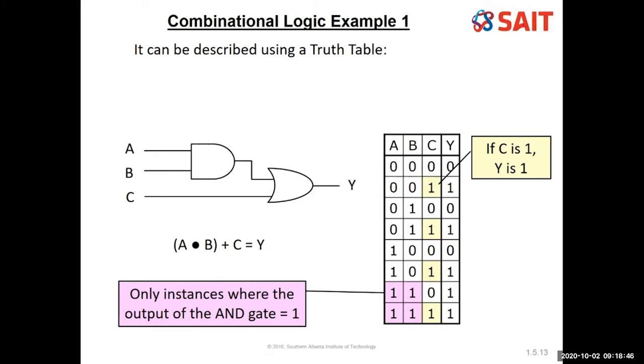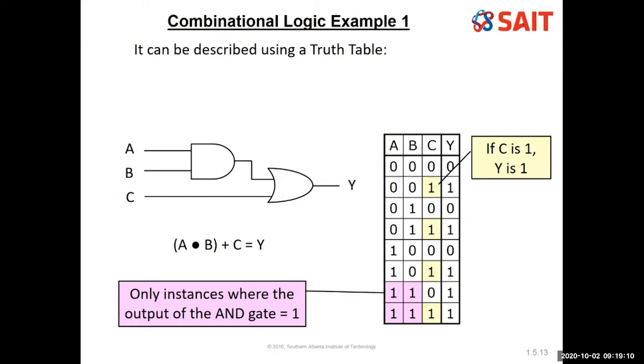If I analyze the gate logic there, I've got a C going right towards the end and being ORed with something else to create Y. If any input on an OR gate is true, the output is true. So I can say, hey, look, I can shortcut. Everywhere the C is a 1, the output is going to be a 1.